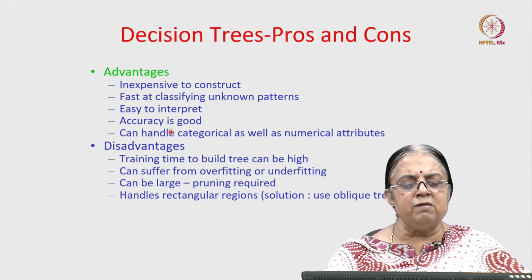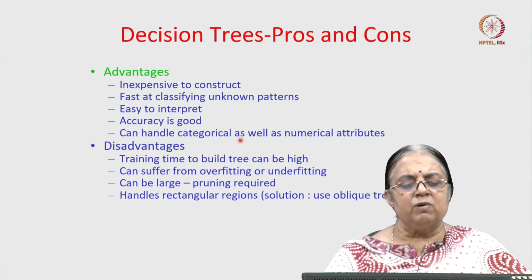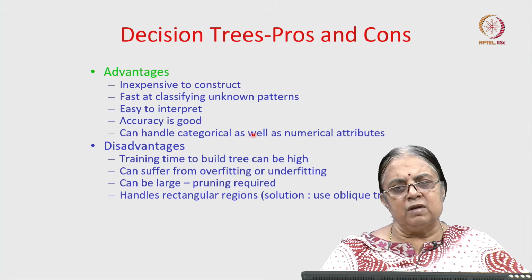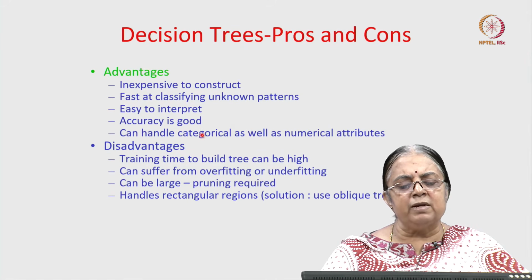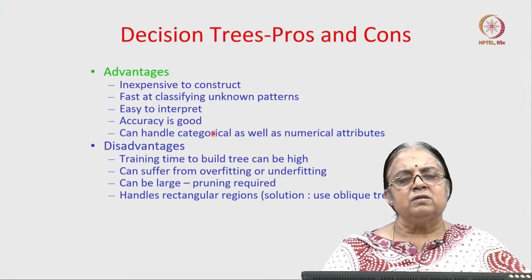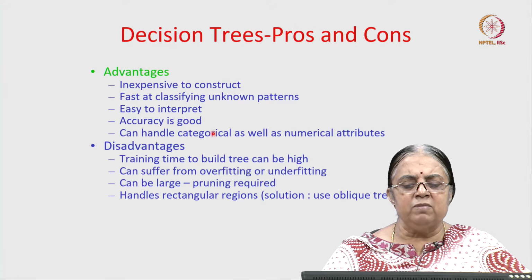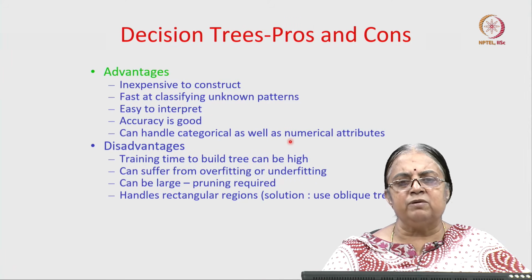This is also a very important aspect, because most of the classifiers we see do not handle the categorical aspect, especially if you see something like SVMs, or something like the nearest neighbor algorithm, they handle only numerical attributes.